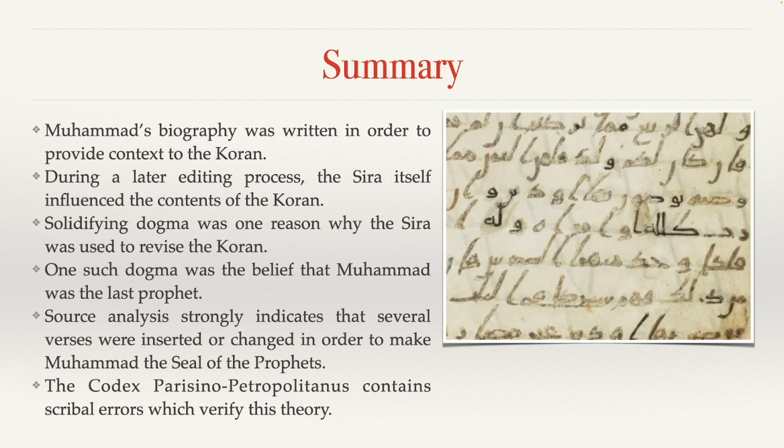Solidifying dogma was one reason why the Sira was used to revise the Quran. One such dogma was the belief that Muhammad was the last prophet. Source analysis strongly indicates that several verses were inserted or changed in order to make Muhammad the seal of the prophets. Scribal errors inside the Codex Parisino-Petropolitanus verify this theory.